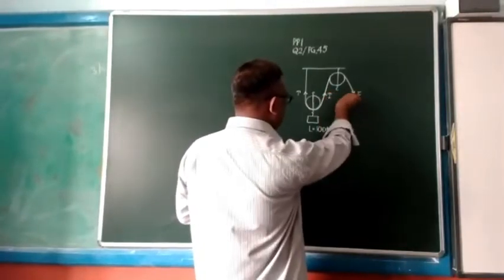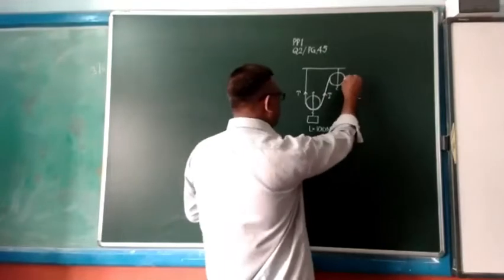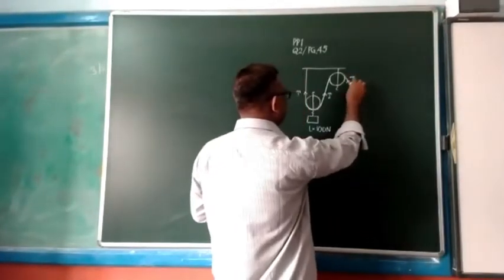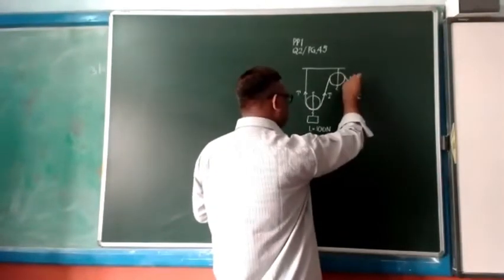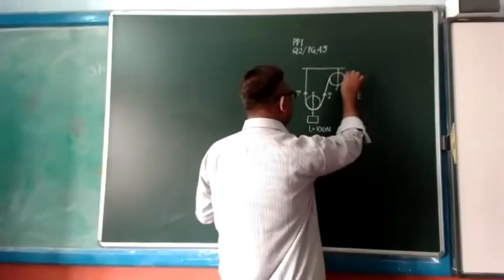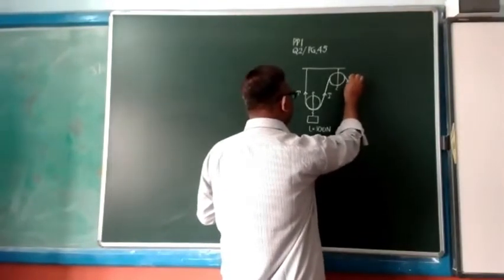As soon as effort is applied at this end, one more tension is produced in this part of the string in the opposite sense. Effort is applied in this direction, so tension is produced in this part of the string in the opposite sense.